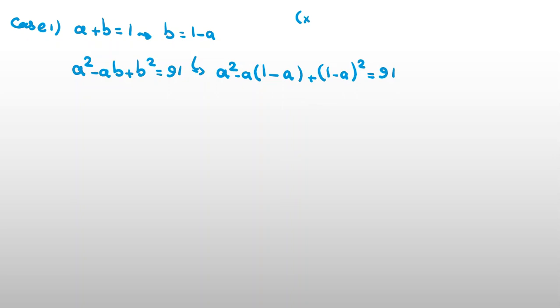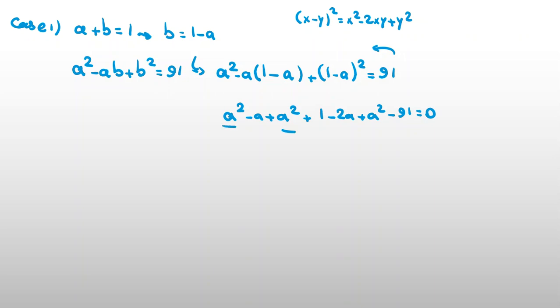So I know that (x minus y) squared equals x squared minus 2xy plus y squared. Now, it will be a squared minus a plus a squared plus 1 minus 2a plus a squared. If we take 91 to the left hand side, it will be negative 91 equals 0. So 3a squared, negative a, negative 2a, negative 3a.